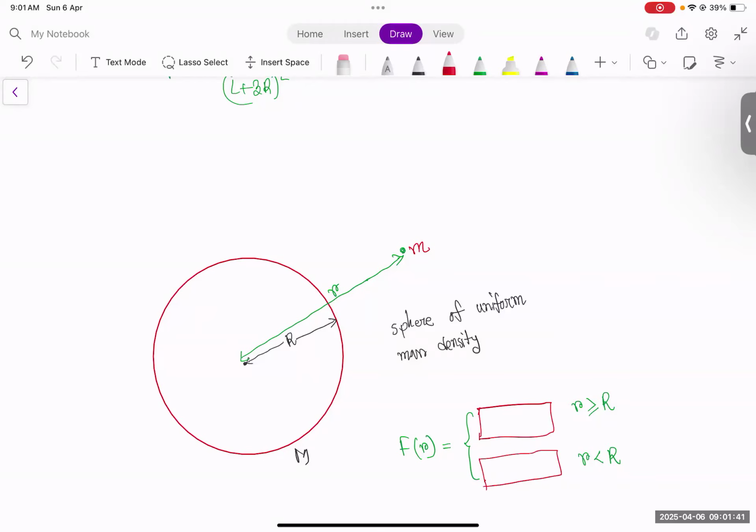For this, what do we do? The key idea to deal with spheres is that, remember, spheres are basically made of spherical shells. Not are, can be made of.